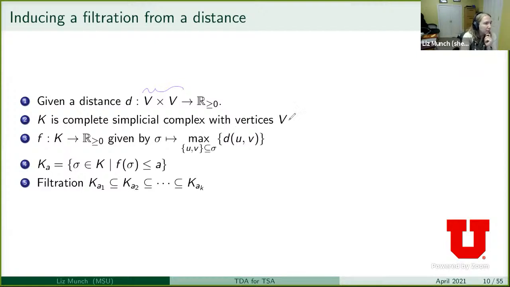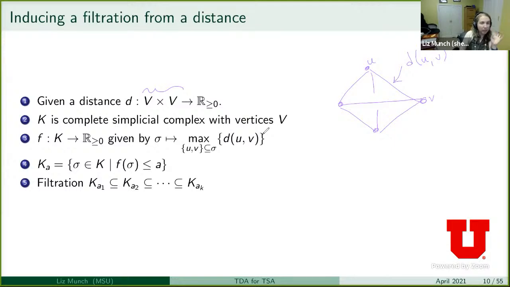What I can do is build a complete simplicial complex with vertices V. In this case, if I had 4 vertices, I'd have a complete simplicial complex with everybody involved in the middle. And I can stick a weight on each of the edges based on the distance between u and v. The nice trick here is that you can extend this up. I drew you a complete graph, but I want a complete simplicial complex.